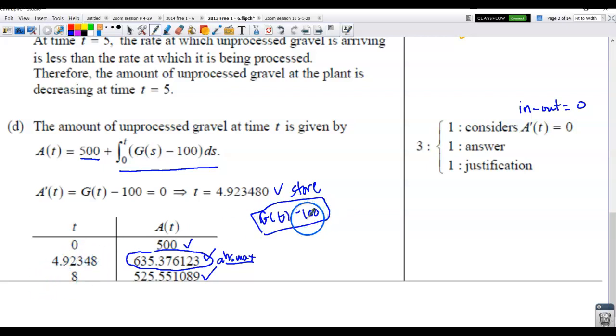And then you could look at the total derivative graph and see that from 4.92348 to 8, the total derivative graph is negative, therefore decreasing. And then you could explain that the amount of gravel at 4.92348 is greater than the amount at 0 and is greater than the amount at 8, therefore. So you could do it paragraph style.